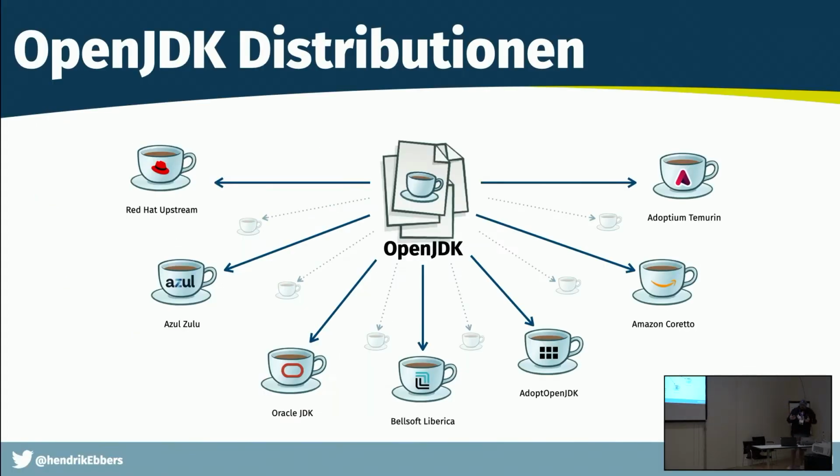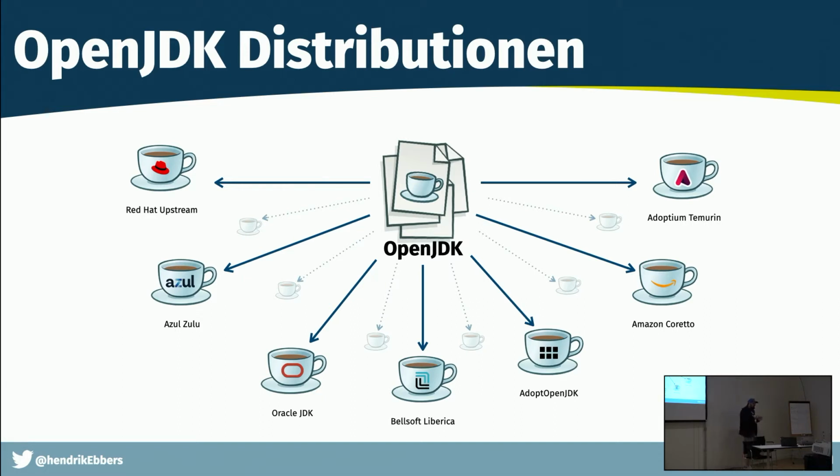As I already mentioned, the OpenJDK is the base of all these different JDKs. So it's not that you have the Oracle JDK and the OpenJDK. This is something that I often get questions like, so what is the difference between the Oracle JDK and the OpenJDK?